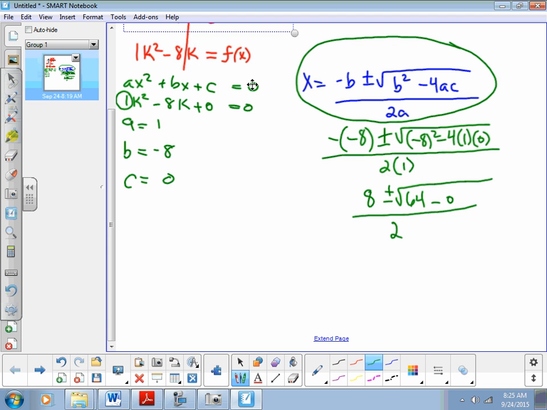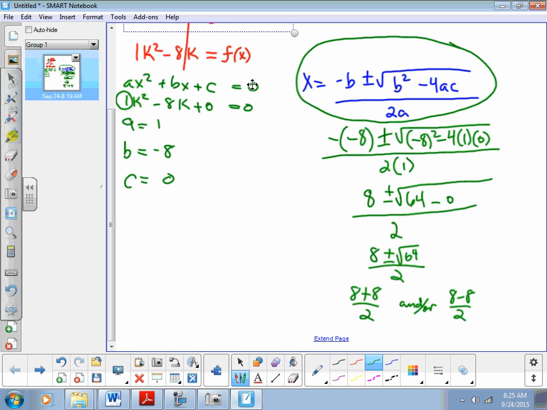So you're basically left with 8 plus or minus square root of 64 over 2. Square root of 64 is 8. So that gives me two answers. 8 plus 8 divided by 2 and or 8 minus 8 divided by 2.